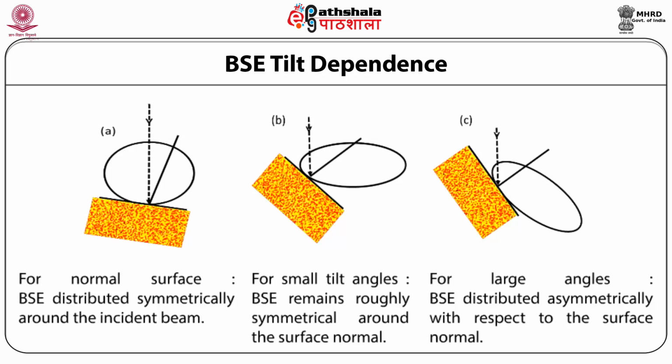These effects cause the contrast in images formed with backscattered electrons to show a stronger dependence on surface topography and on the location and characteristics of the backscattered electron detector used.